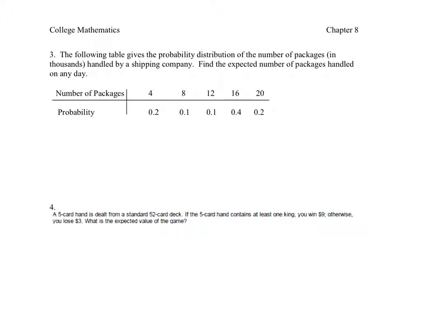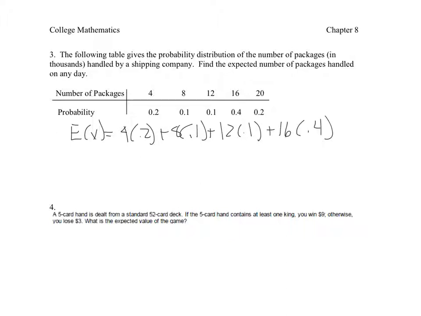So again, I'll do this one manually just to remind you how you get this done if you don't want to use that graphing calculator feature. And that would mean we would have to take 4 times 0.2 plus 8 times 0.1 plus 12 times 0.1 plus 16 times 0.4 plus 20 times 0.2.